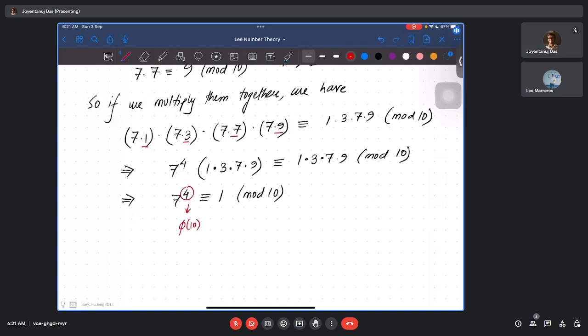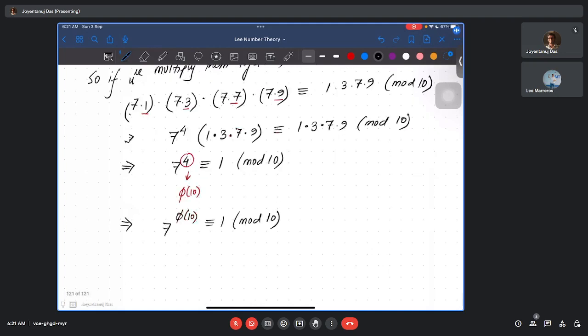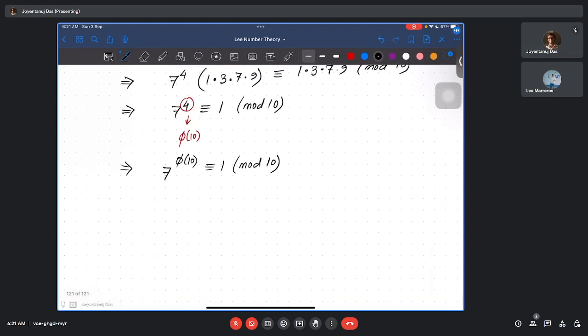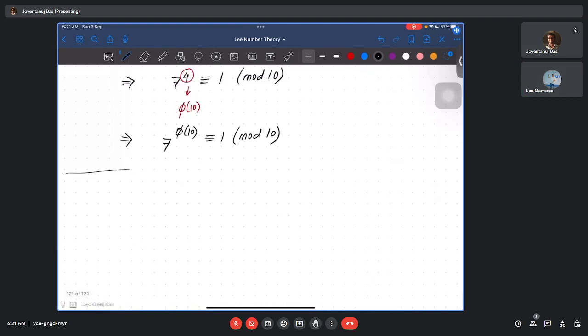So what we got is that 7 to the power phi of 10 is congruent to 1 mod 10. So I got an exponent of a in terms of m such that a to the power phi of m is congruent to 1 mod m. That gives us a theorem that is called Euler's theorem.